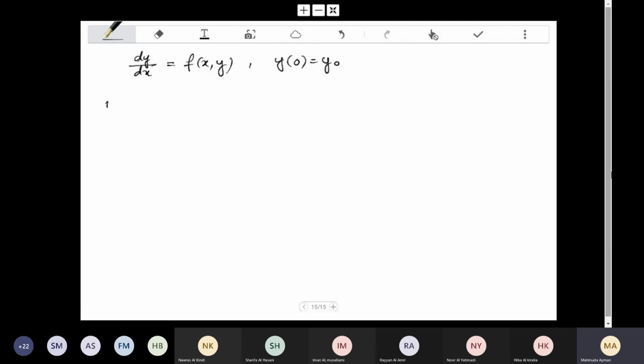I'll give you an example here: dy by dx plus 2y is equal to 1.3 e to the power minus x, y0 is equal to 5. Now can you write this as a first order differential equation in the above form?